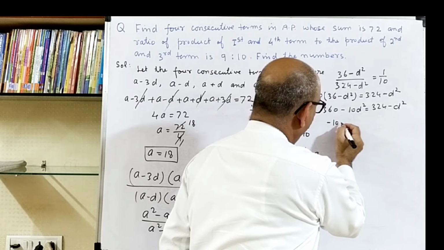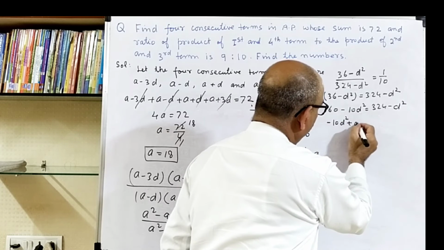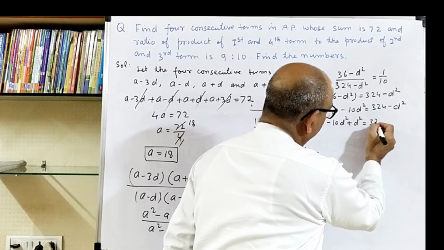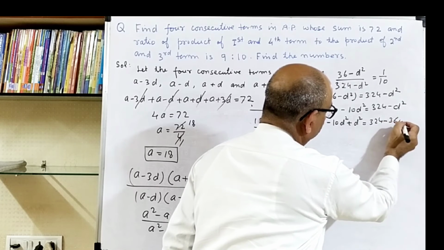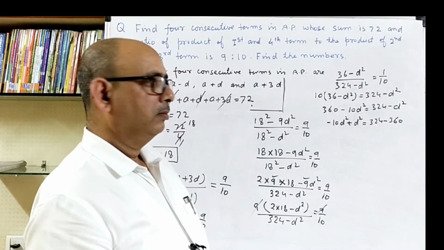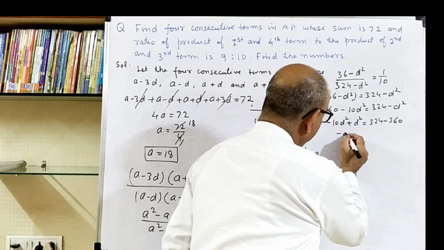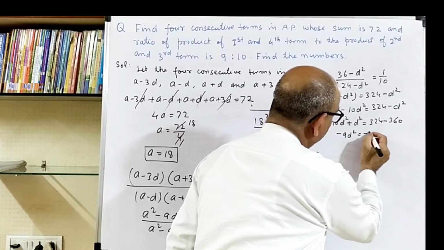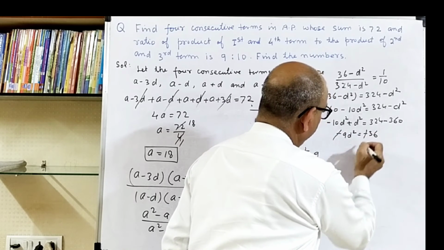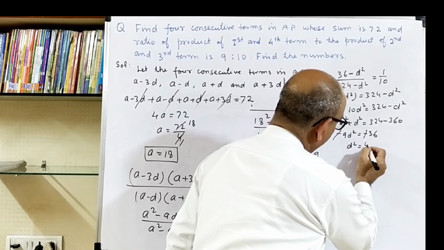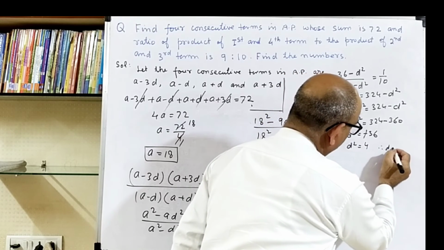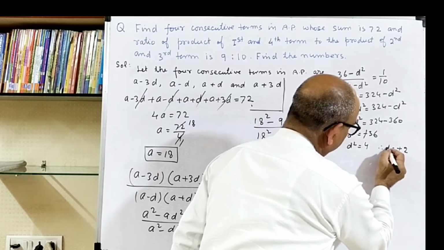This will be equal to minus 10d square plus d square. This is equal to 324 minus 360. This is minus 9 d square. This is equal to minus 36. Minus cancel is d square is equal to 4, and therefore d is equal to plus minus 2.